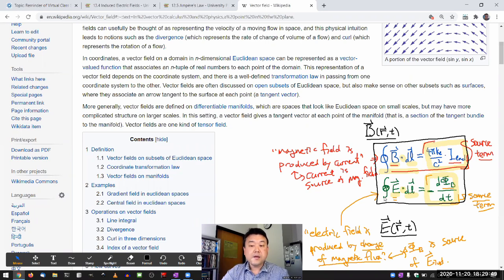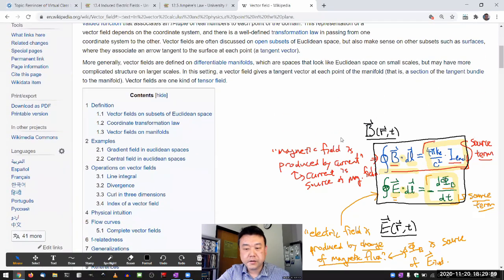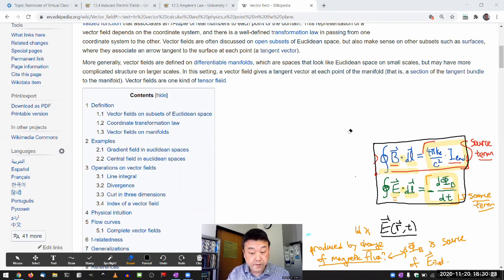And let me write down one more expression, which I think will draw a good contrast to these two expressions. Let me clean up the space a little bit here and write down the one other equation that looks kind of like Ampere's law and Faraday's law, but it's actually very different.